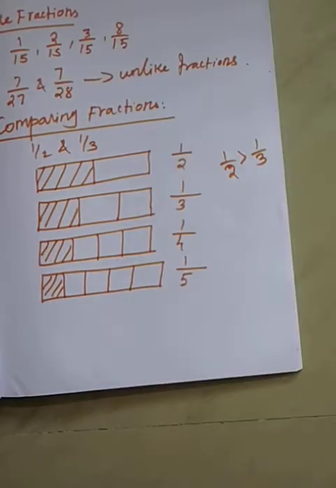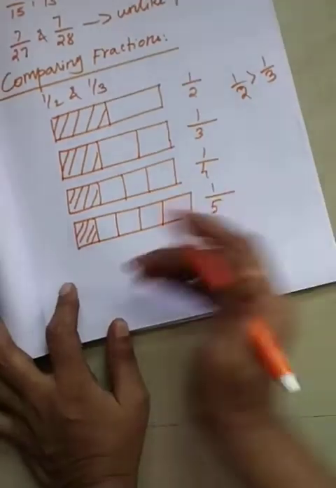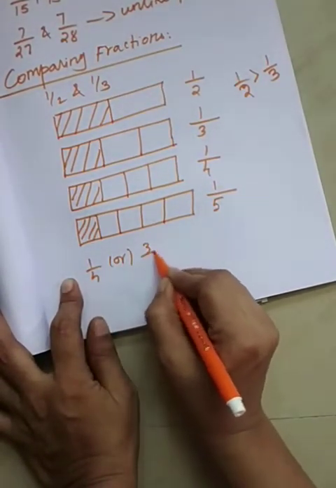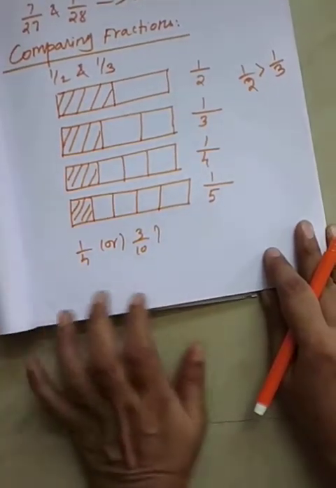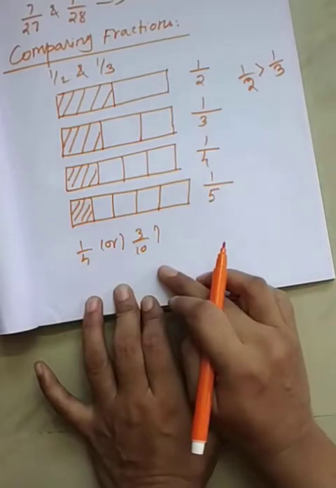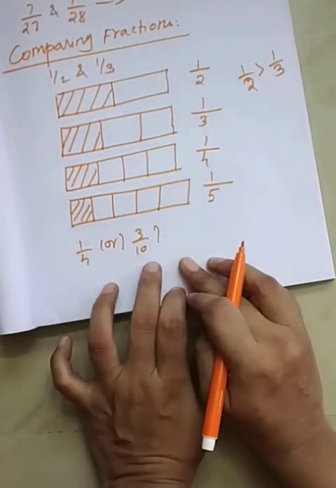But often it is not easy to say which one out of a pair of fractions is larger. For example, see 1 by 4 or 3 by 10. Which is larger, that means which is greater in this case, 1 by 4 or 3 by 10?